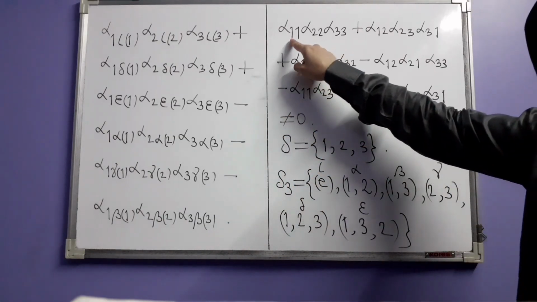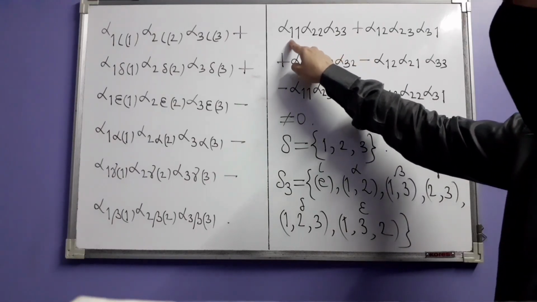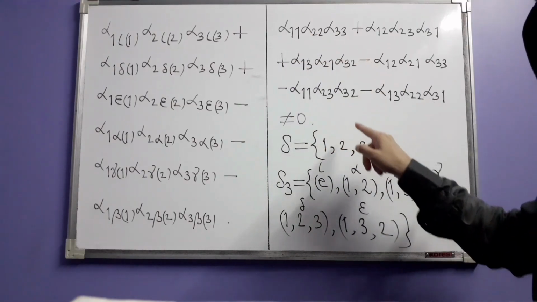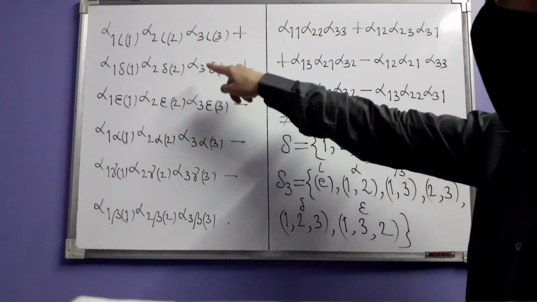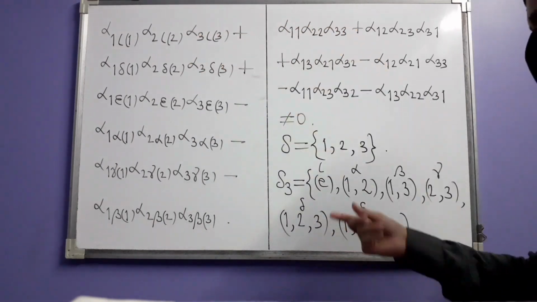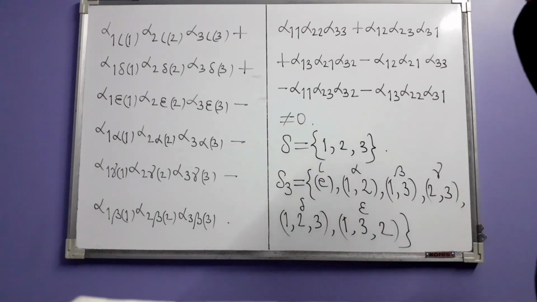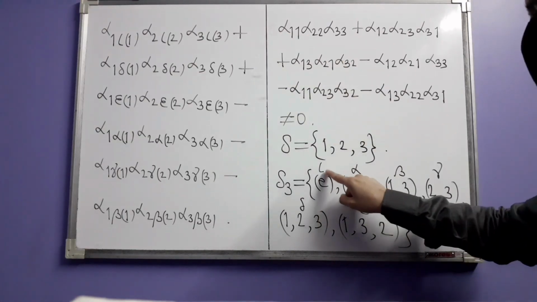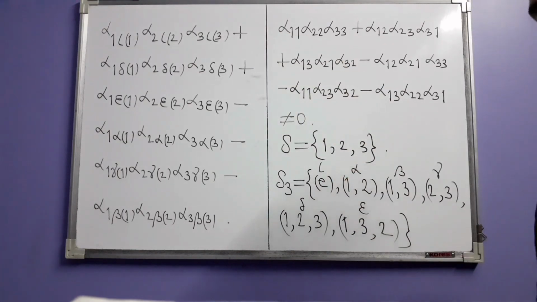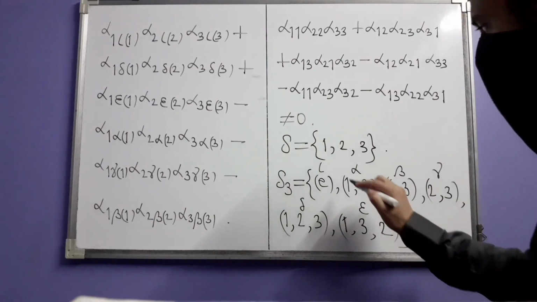The first term is a11 a22 a33. So 1, 2 and 3 of course will appear. This 1 is iota of 1, 2 is iota of 2 and 3 is iota of 3 because iota is the identity permutation. It does not change anything. And why do we have plus here? Because this is even. And we also know which of these are even and which are odd.